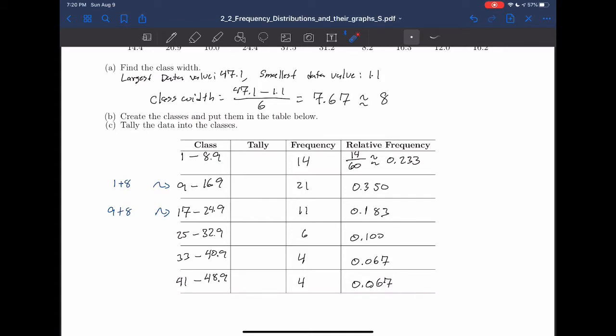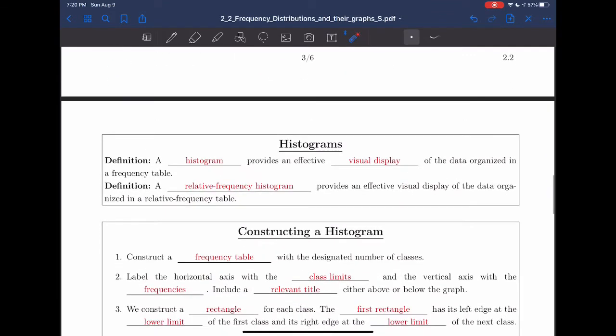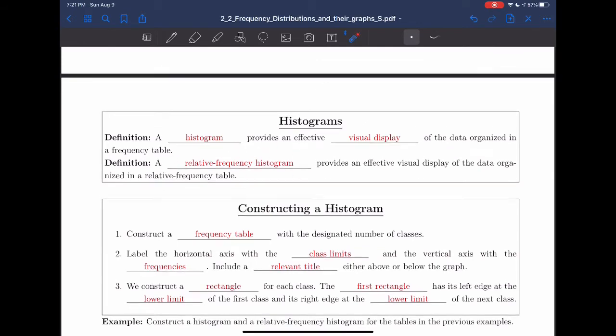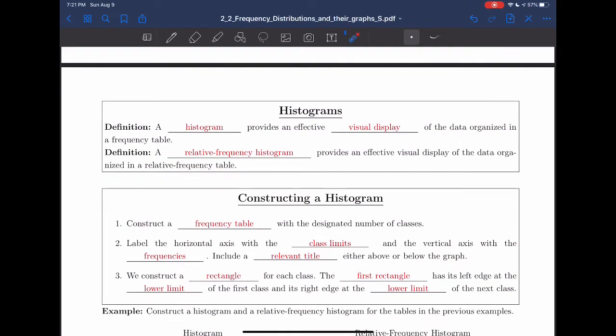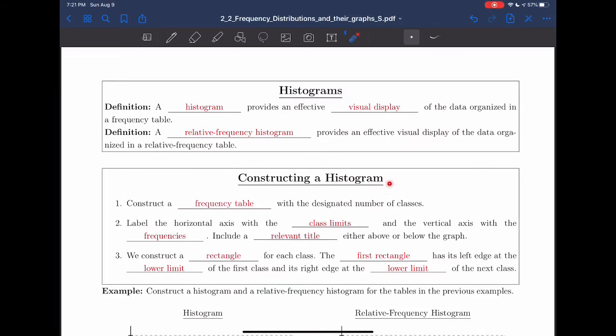We draw something called a histogram, which is just a graphical representation of our frequency or relative frequency distribution. A histogram is a visual display of our frequency table, and a relative frequency histogram is a display of our relative frequency table. But how do we construct a histogram?